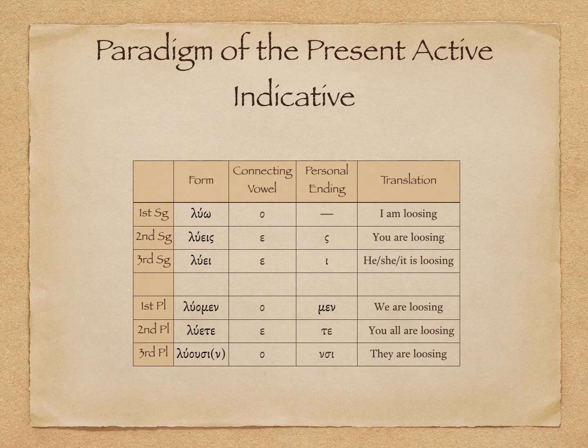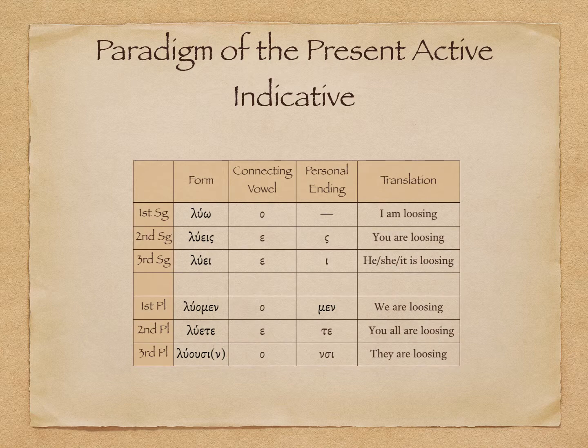You see there on the left column, first, second, third singular, first, second, third plural. So if you go to the translation: I, you singular, he, she, it, we, you all, or second plural, and third plural, they. Notice the connecting vowel pattern I mentioned earlier.